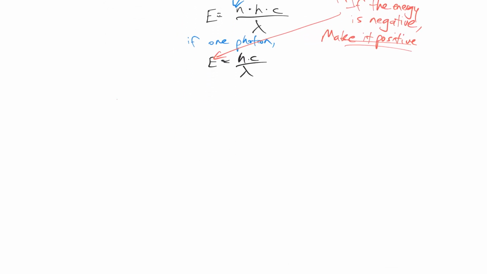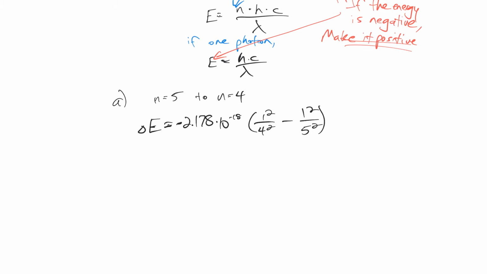In question A, the transition was from the 5th principal energy level to the 4th principal energy level. So applying Bohr's equation. Go ahead and pull out your calculator and solve for this one.